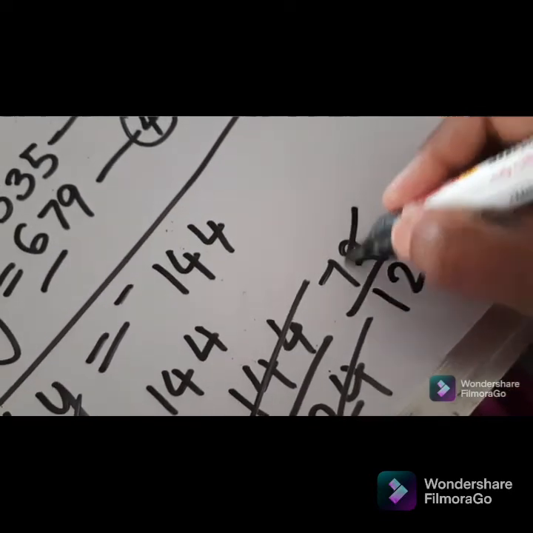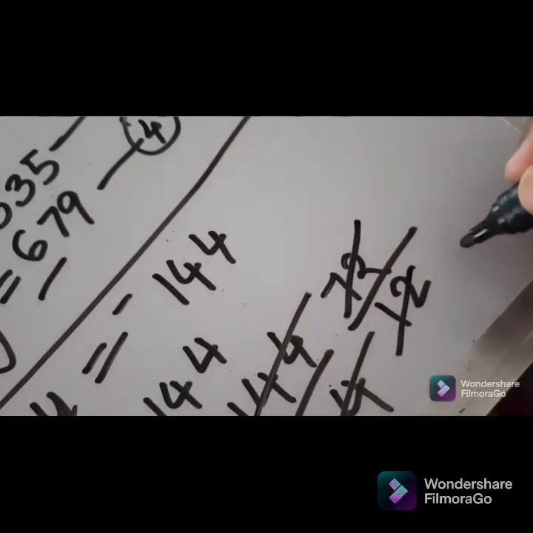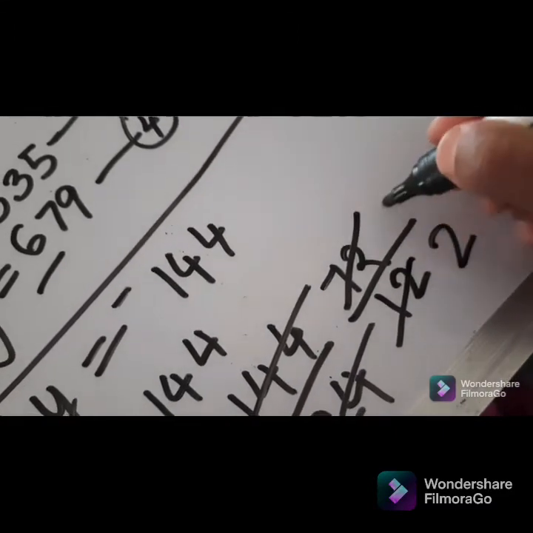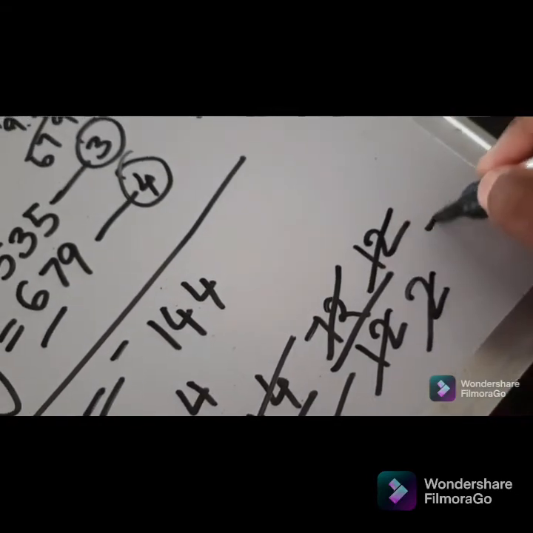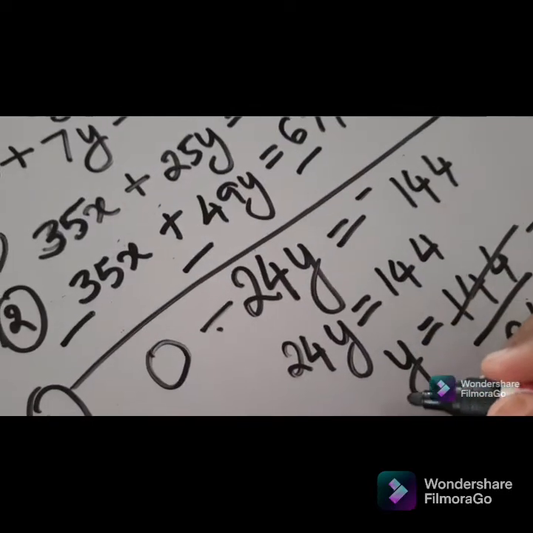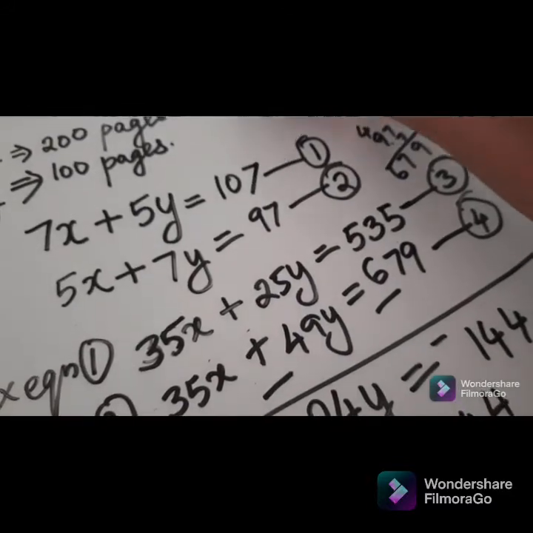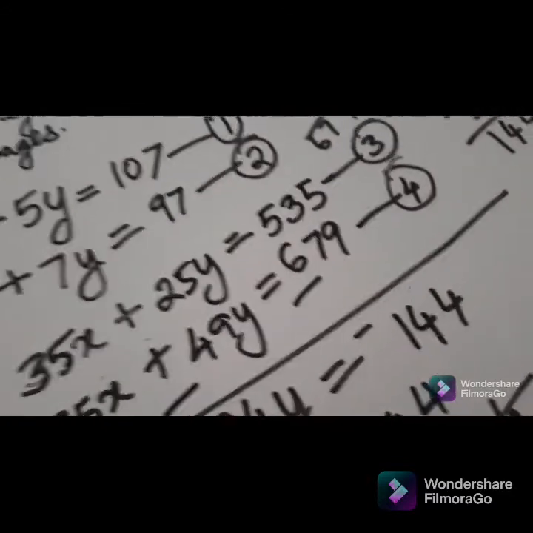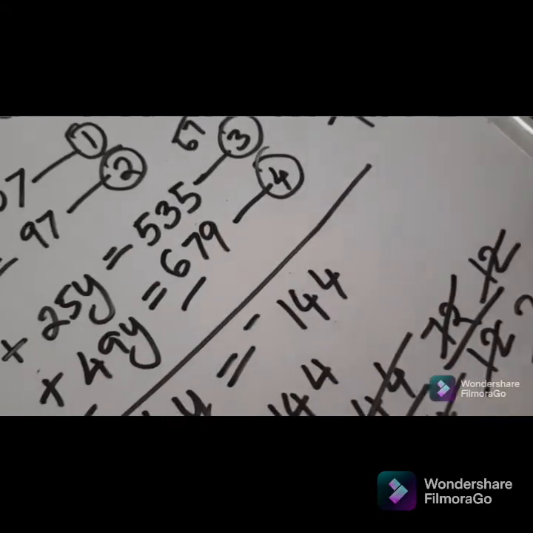Again you can cancel with 6: 12 is 6 two times, and 72 is 6 twelve times. Again you can cut, and you will get 6 as the answer. That means the rate of Y, the rate of the 100 pages notebook, is 6 rupees.